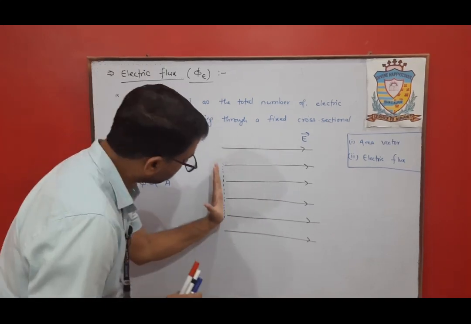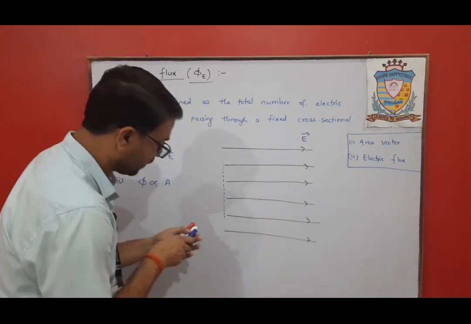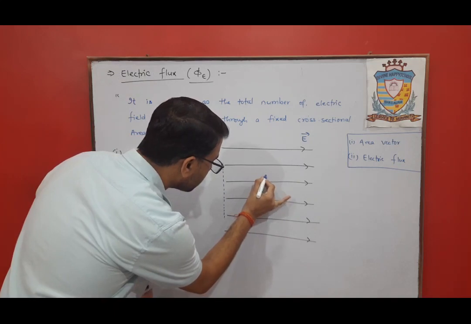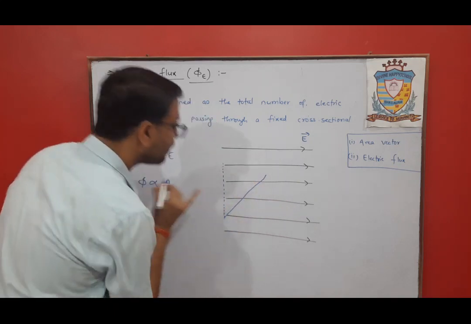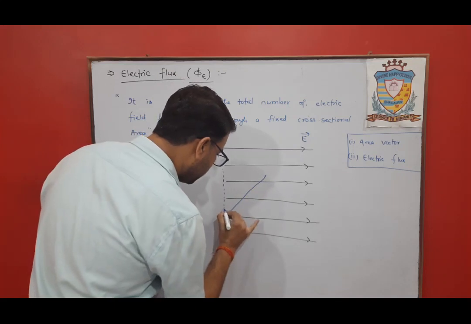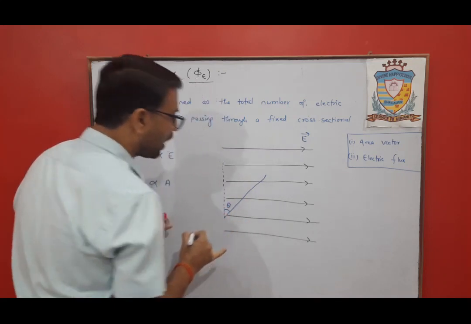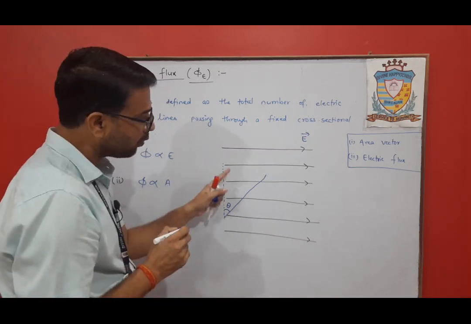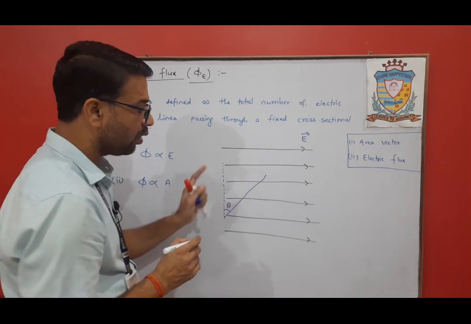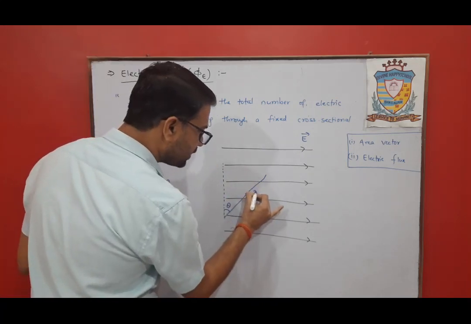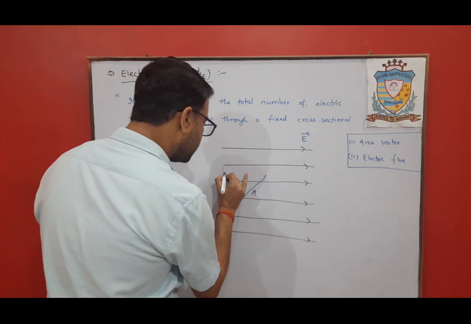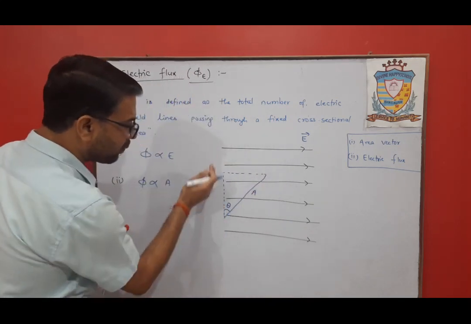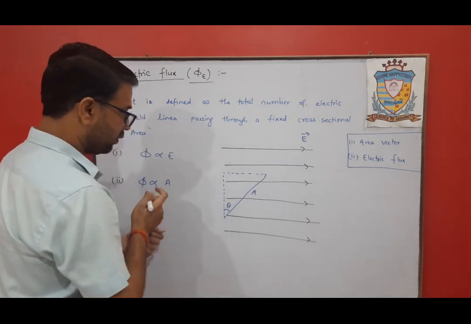Now, if we tilt this area vector by some angle, suppose this is the angle theta by which it is tilted. In that case, the amount of electric field lines passing through this area will decrease. This is the original area A. Now we will calculate the value of this perpendicular component.